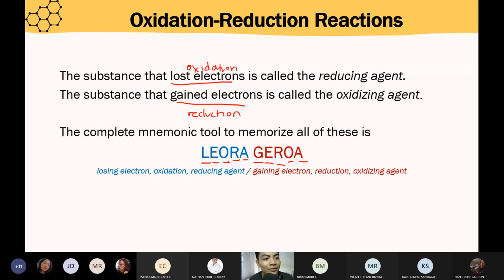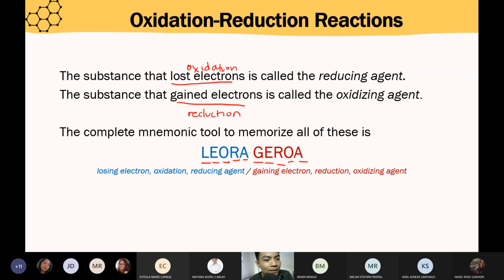LEO RA, GER OA. Ibig sabihin yan, the one that underwent oxidation reaction is called the reducing agent. And the one that underwent reduction reaction is called the oxidizing agent. Parang OIL RIG lang, but extended. Okay? Meron na tayong RA, pati si OA.